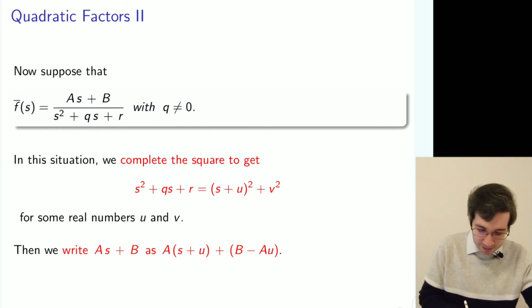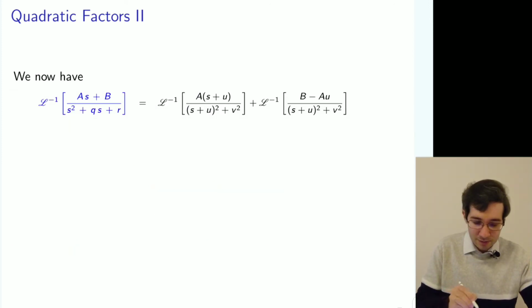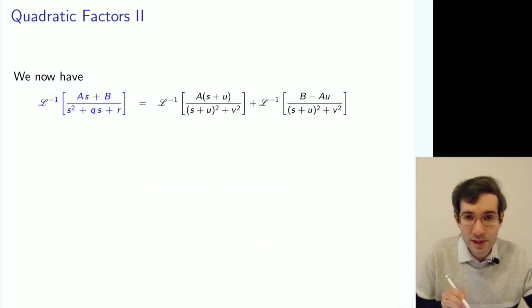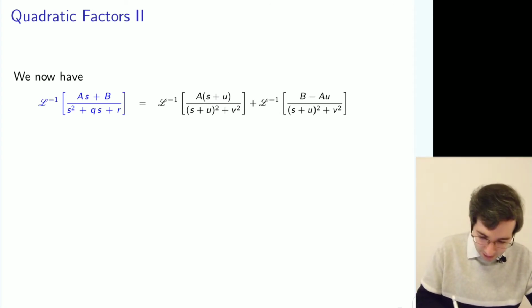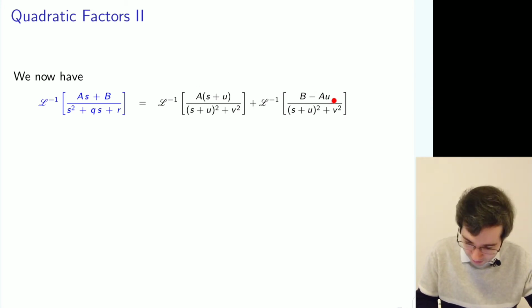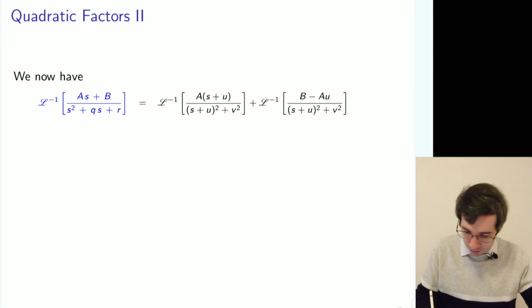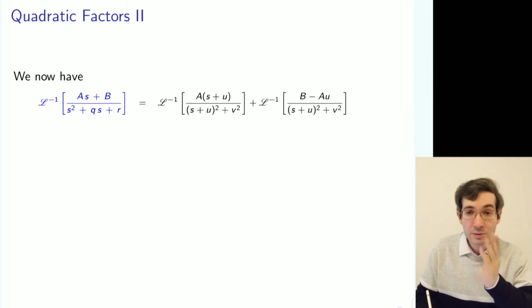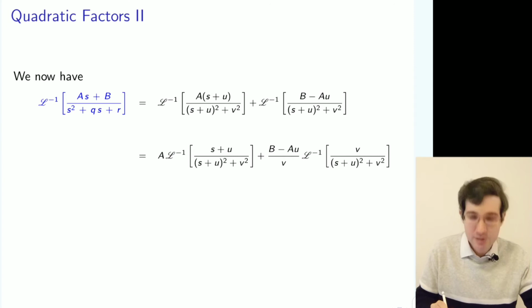And then we can express the numerator to match the denominator. So we express it in terms of s plus u. Once we've done it, we put it back inside the inverse Laplace transform, and we split it into 2 fractions, one with the s plus u in the numerator and one with some constant in the numerator. And then we go to the tables, think for a while, and then we see that these are almost table functions.